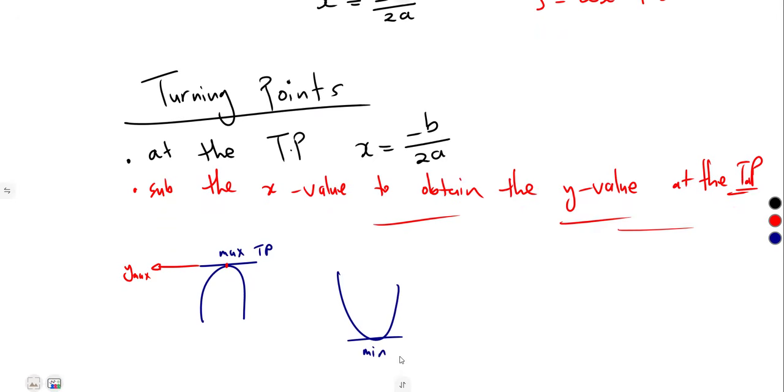At the minimum turning point, it means the y value is minimum. From the turning point that you are using, it also tells us about the y value. So I'm not going to dwell much. Like I said, we are going to look into other aspects later on. This is just for an introduction.